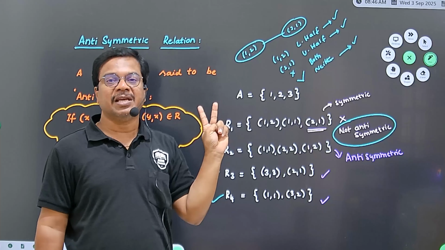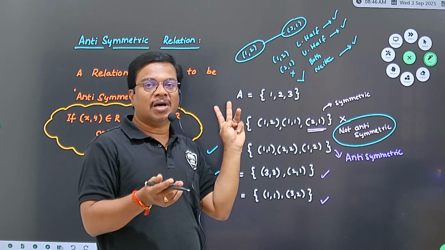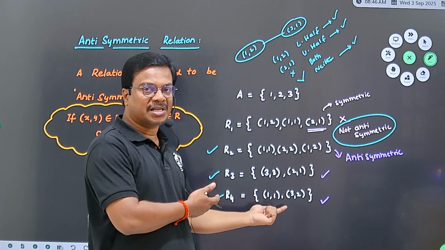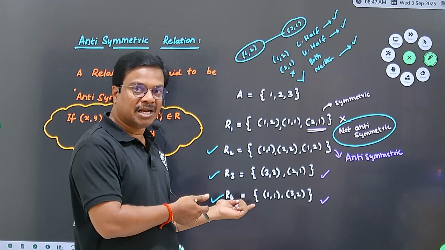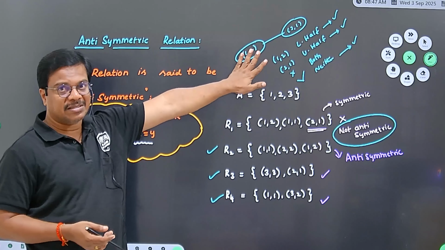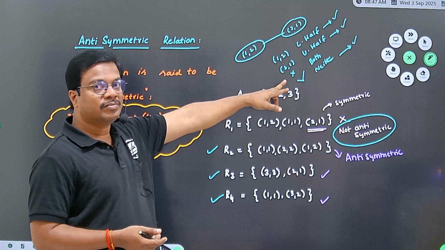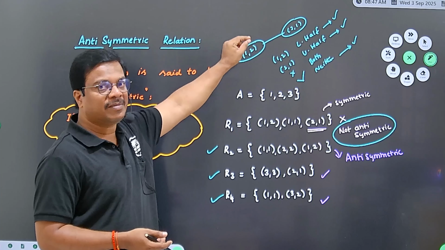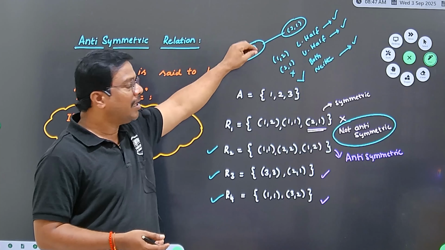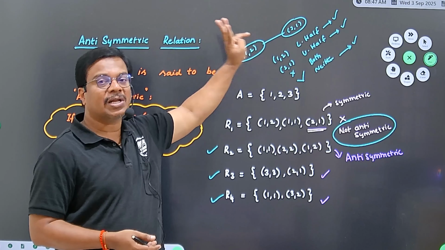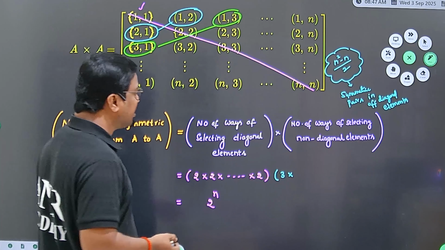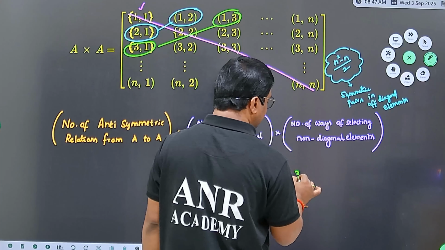And the third possibility, without these two, also we can frame antisymmetric relations. See here, there is no (1,3), (3,1), but the relation is antisymmetric. Total there are 3 chances. So here for each pair there are 3 chances.